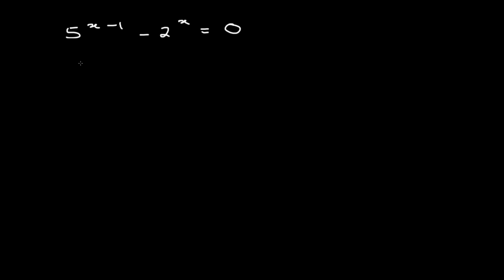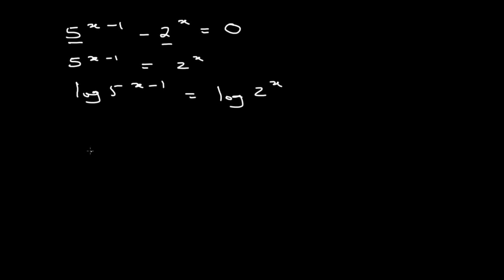Okay, so what can we do with this? We first of all are going to check if these can be set into the same bases. So these we can, so we're going to separate them. So this is going to be 5^(x-1) is equal to 2^x. And then we apply the same log on both sides, log base 10.